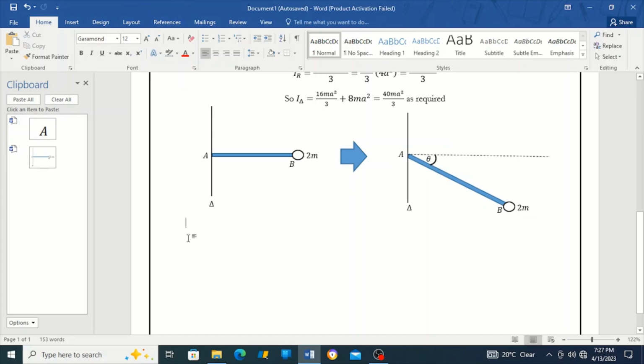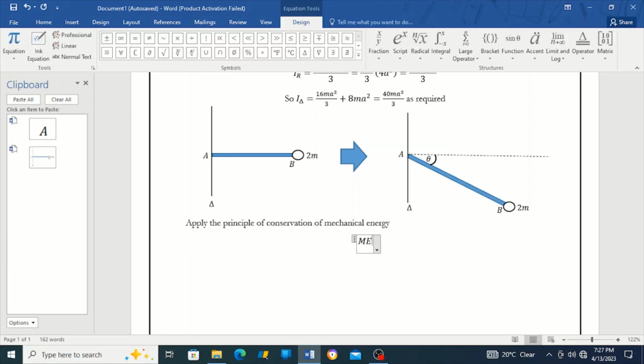Alright, so we are going to apply the principle of conservation of mechanical energy. It says that mechanical energy of the system initially is equal to mechanical energy of the system finally.